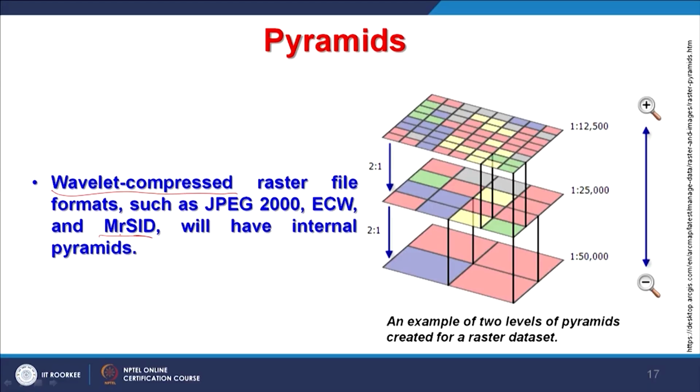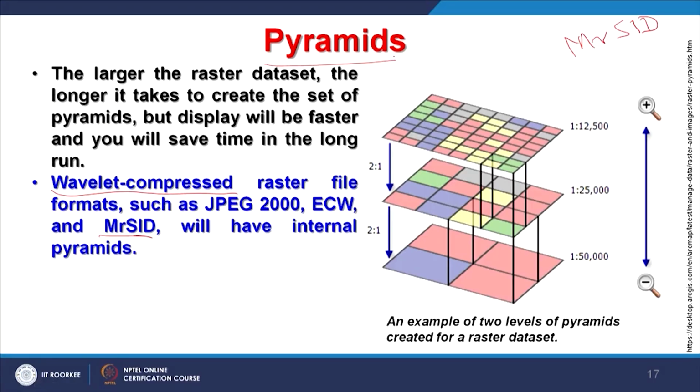So they are using one, the MrSID data compression technique, and another one, the pyramid. Both have been implemented, and that is why the display in Google Earth is quite a bit faster as compared to other systems. And the larger your data sets, of course, the longer it will take to create the set of pyramids.